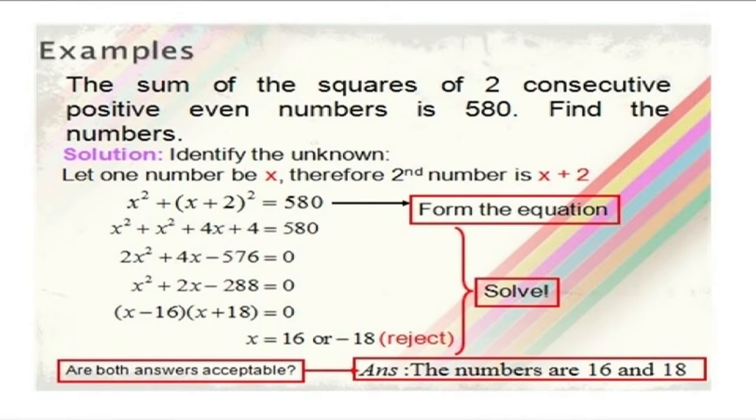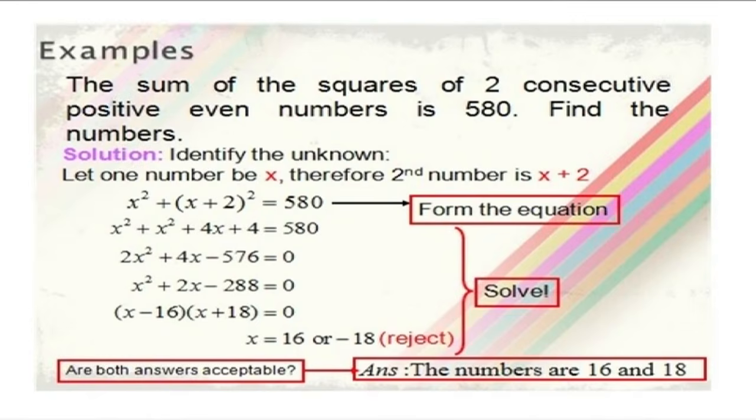When we factorize it, we find x minus 16 multiplied by x plus 18 equal to 0, which gives x minus 16 equal to 0 or x plus 18 equal to 0. Here x equals 16 or x equals minus 18. Are both answers acceptable? Now you check.